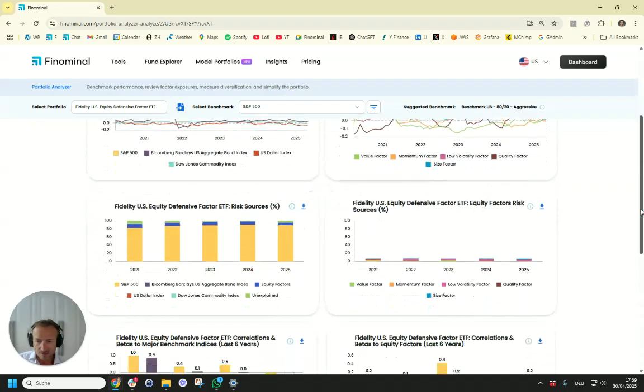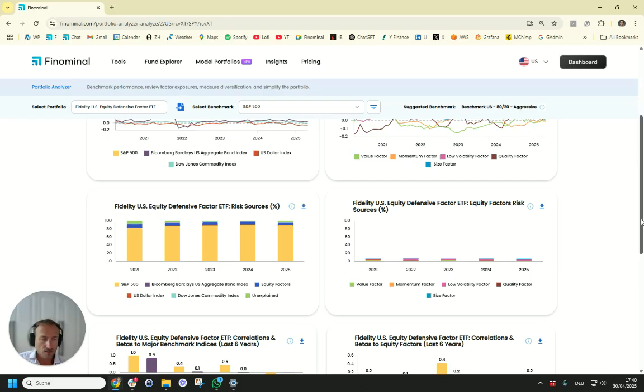Having said that, what is worth mentioning is that if you look at the major risk sources, it's still the stock market. So despite this being a defensively named portfolio, it does not provide diversification. It's all equity in there, and despite this allocation to factor ETFs, these don't really matter from a risk source perspective.